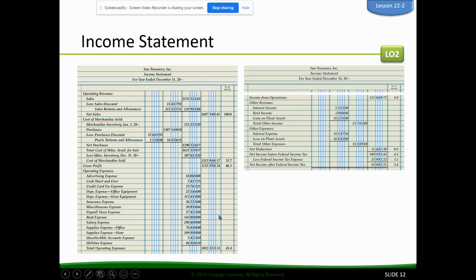The overall totals are in the fourth column, and then some simple calculations in the first and second column. So it's just going to be a matter of putting it into the right column and using those formats. My suggestion is, whenever you're doing the financial statements, you open the book to the income statement and you just copy the format.